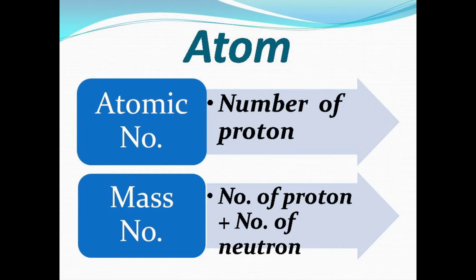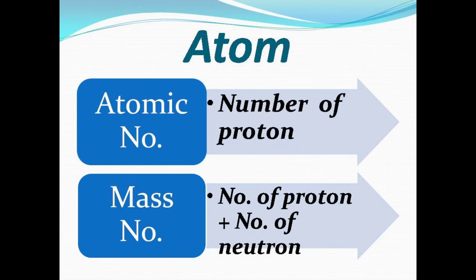Now we know that the atom has subatomic particles: electrons, protons and neutrons, in which electrons are negatively charged, protons are positively charged and neutrons are neutral, meaning they do not carry any charge. So what is an atomic number?